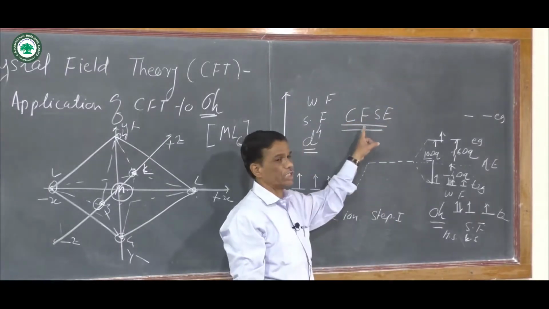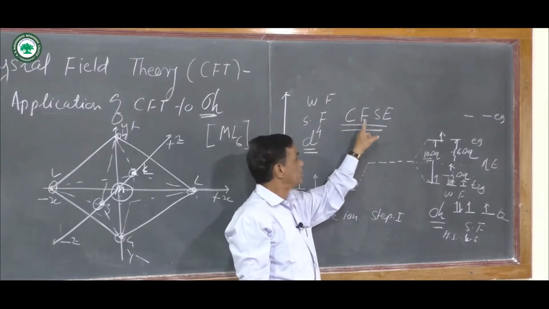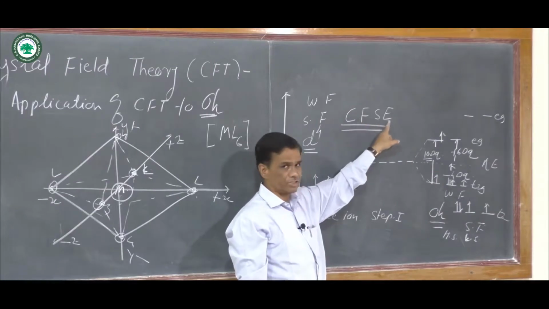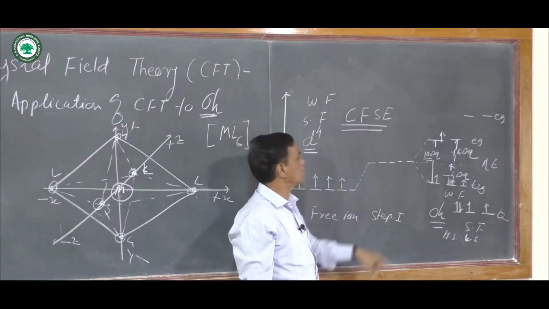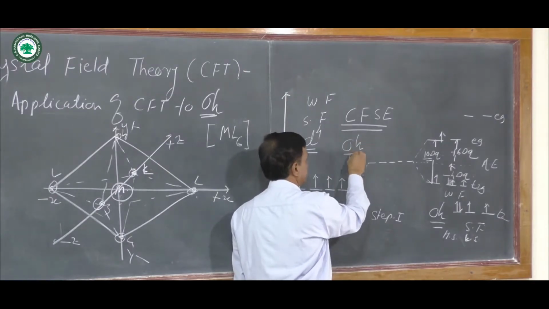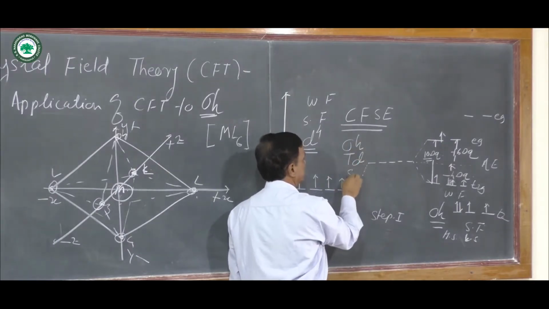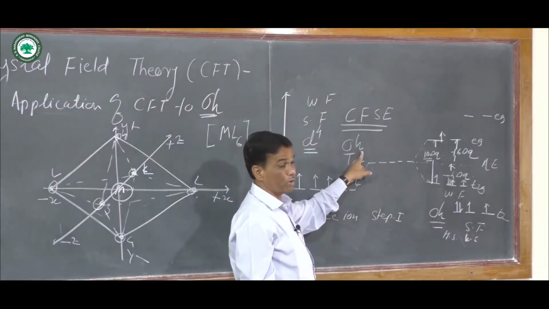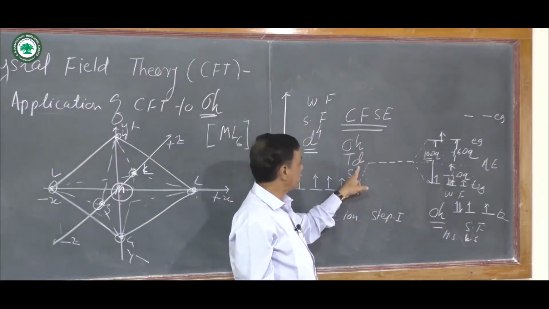The short form is CFSE, crystal field stabilization energy, for various types of arrangements: octahedral complex, then tetrahedral complex Td, then square planar complex Sq, and all these are symbols for the various types of arrangement.